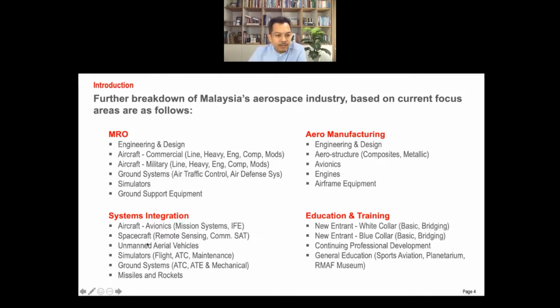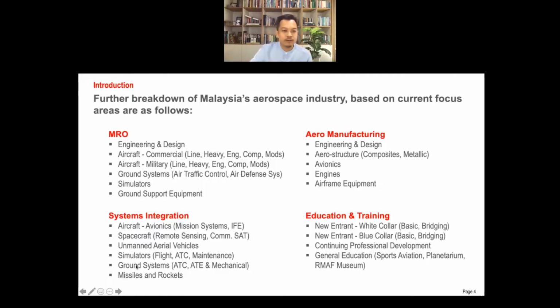Right, and also we look into unmanned aerial vehicles, system integration related to simulators, that include flight simulators, air traffic control simulators, as well as maintenance simulators.